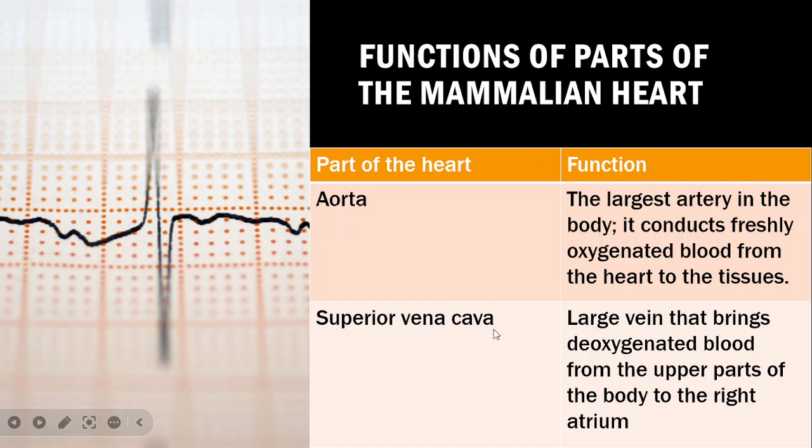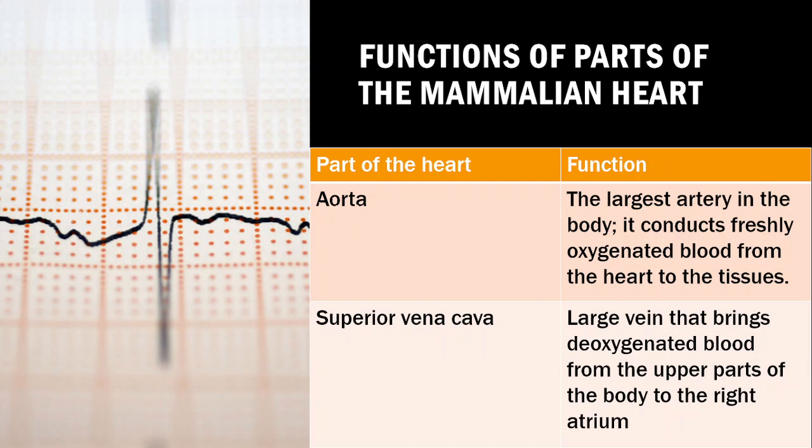The second part with its function is the superior vena cava. You have to know that it is the large vein that brings the deoxygenated blood from the upper parts of the body to the right atrium. So this is the use of the superior vena cava. It carries the deoxygenated blood.